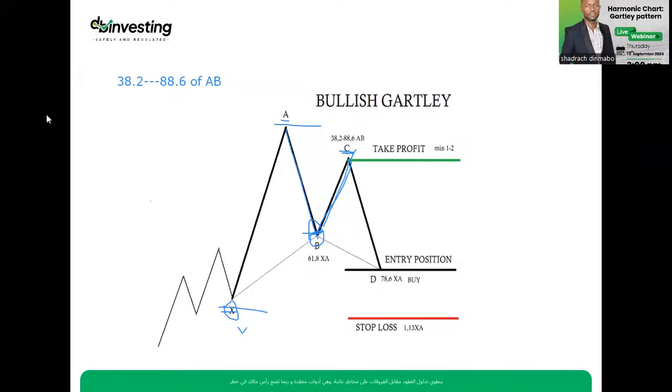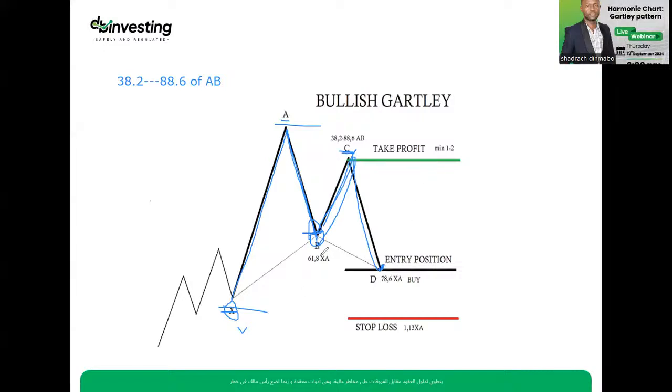So the market pushes up from X to A, down to give us B, up to C, then down to D, and from point D is when we begin to think about an entry position to enter for a buy. And then our take profit position will be at point C. Very easy, very simple. So let's go.